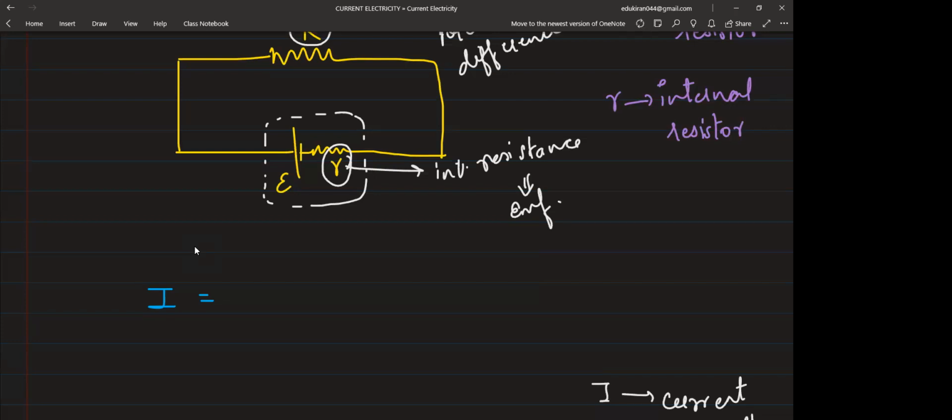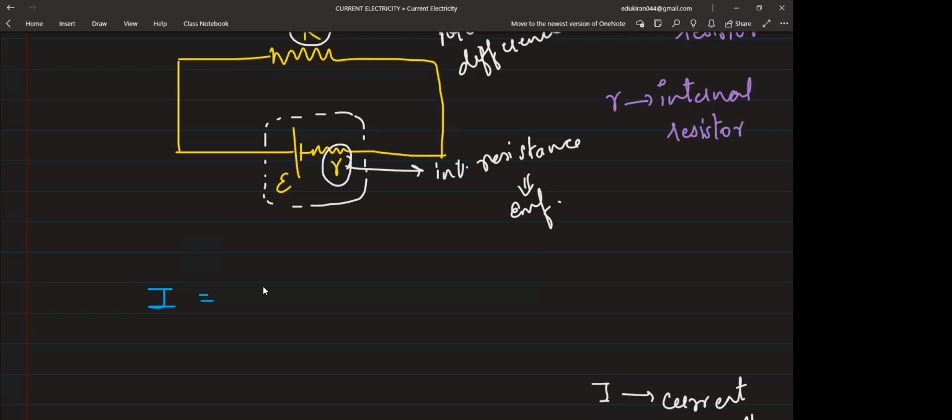I think we started with current electricity only. This is also current electricity. Did we start with drift velocity? Yeah, we started with drift velocity. Okay, drift velocity was done. Did we do Ohm's law? No. Okay, it means a small portion is left.